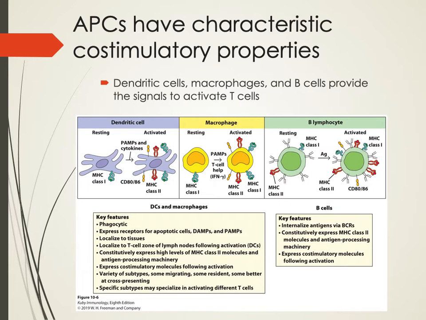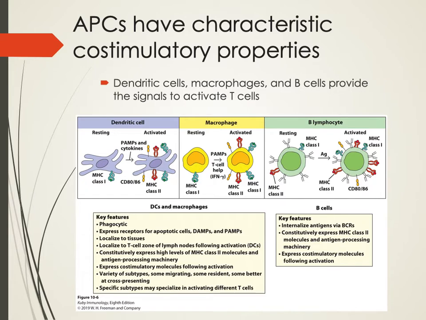So antigen presenting cells have co-stimulatory properties, so they are going to be able to provide those signals because they have the surface ligands in order to activate. And so you can see here how we have dendritic cells, macrophages, and B lymphocytes. They're going to act as antigen presenting cells, and you can see how on their surfaces they have the MHC to give that first signal, but they also have those co-stimulatory ligands that are going to bind to the receptors.